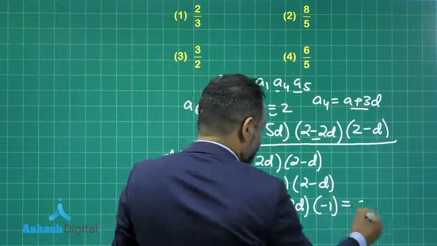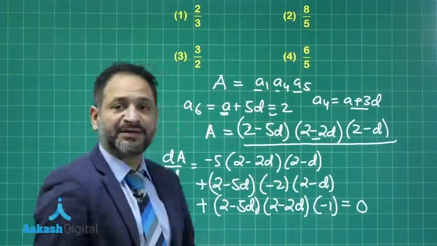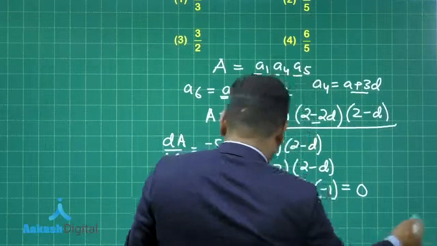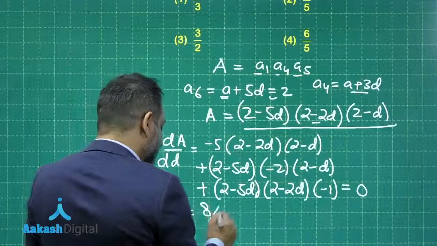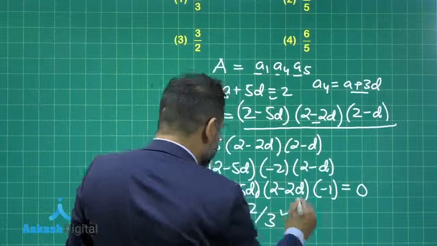Now, equating this to 0. For maxima, we need to find out the critical points. We will get two critical points from here. D will be equal to 8 by 5 and next will be equal to 2 by 3.